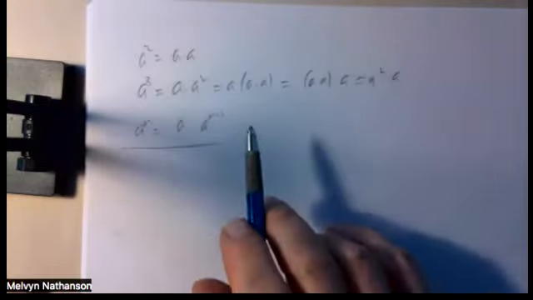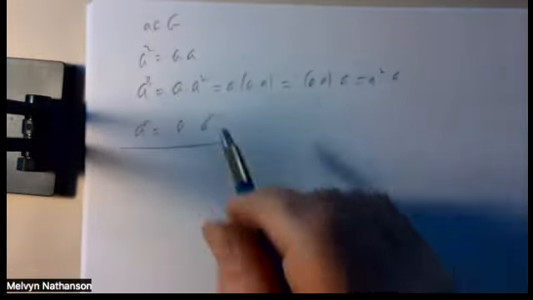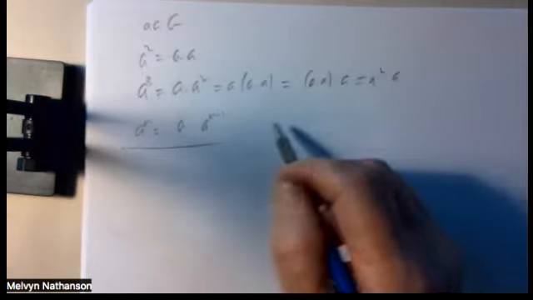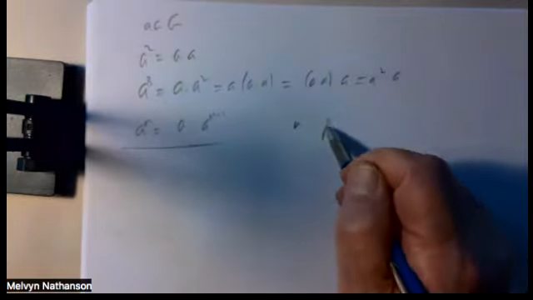This just means taking an element A in the group, and you can raise it to a power. This is for n a positive integer.